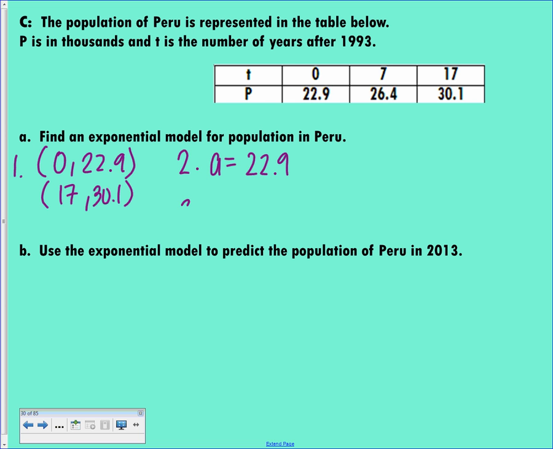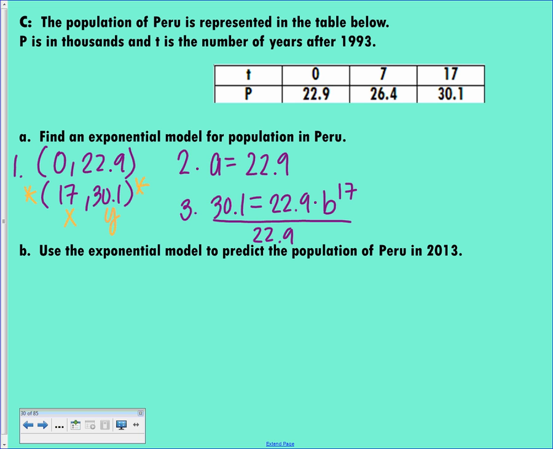Then step 3 is to go ahead and solve that by substituting in our values. Again, you choose a point that is not your starting value for your x and your y. So instead of y, I've got 30.1. Instead of A, I've got 22.9. I don't know B, but I know my x value is 17. Okay? So again, solving for B, divide by 22.9.